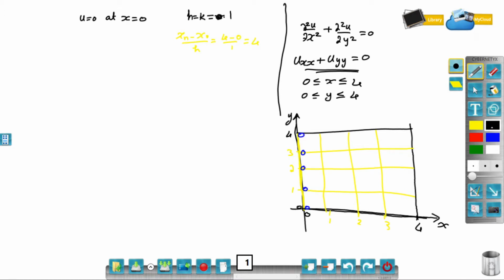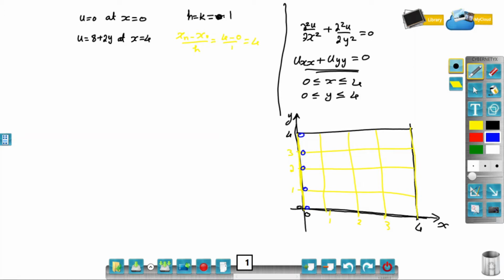What is the second boundary? The second boundary is u = 8 + 2y at x = 4. This is the x = 4 line. At x = 4, u = 8 + 2y.